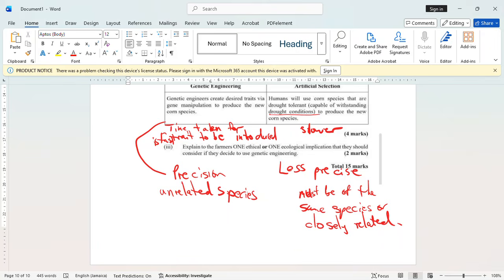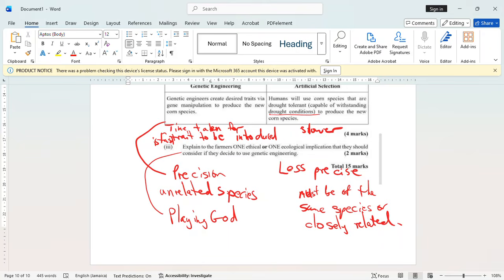And of course, it says explain to farmers one ethical or one ecological implication that they should consider if they decide to use genetic engineering. So the ethical thing about it, and it's always coming up, is: are we playing God?